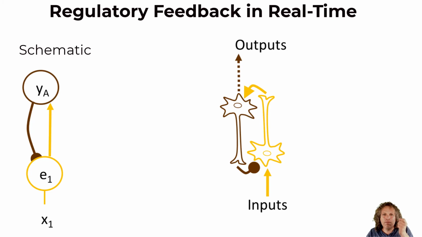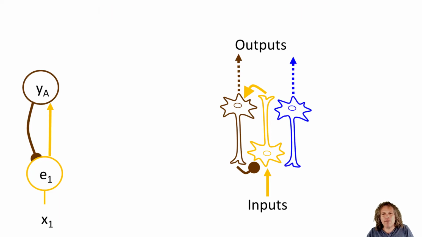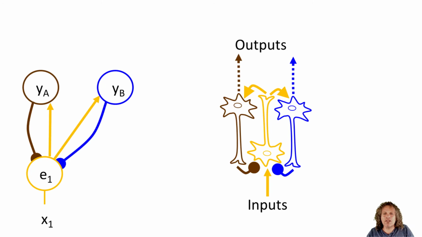Complex networks can be formed through this core configuration as long as balanced forward and backward connections are satisfied. For example, if you have another output neuron, then it not only receives its input connection, but also projects a connection to regulate the input.